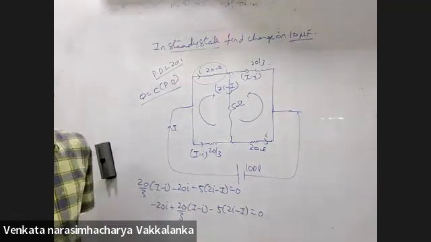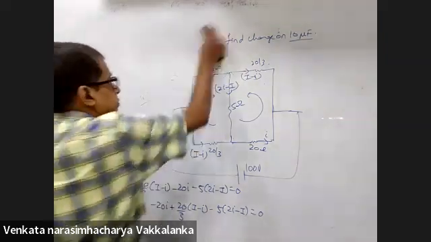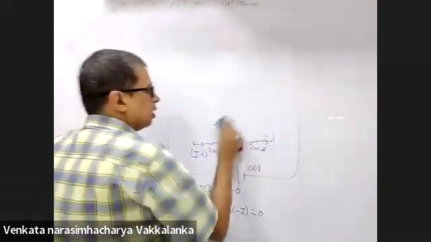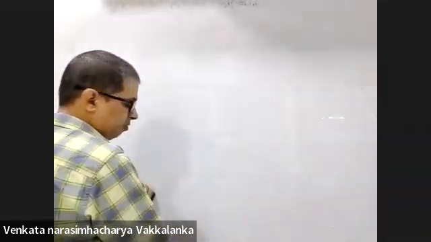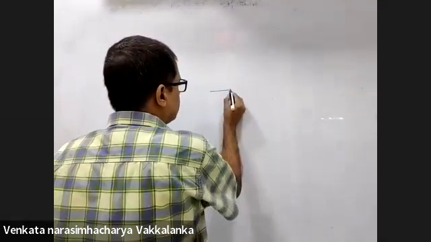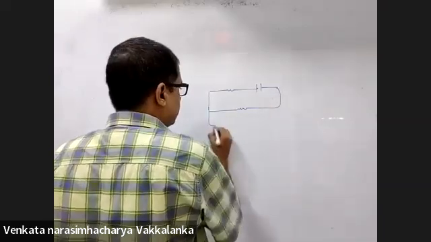Tell me when I can rub the board. Yes, sir. In the initial stages, I must have done one problem where you have a resistor here, capacitor here, resistor here.